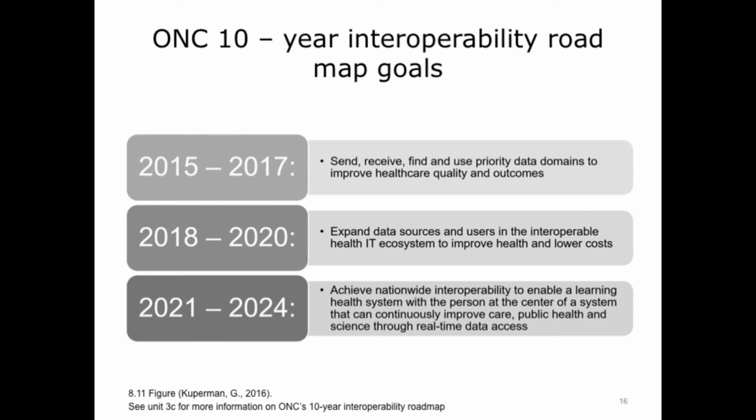The first phase, which is from 2015 to 2017, is that there would be capabilities to send, receive, find, and use priority data domains to improve healthcare quality and outcomes. In the second phase, which is from 2018 to 2020, the number of data sources and the number of users in the interoperable health IT ecosystem would also be expanded to improve health and lower costs.